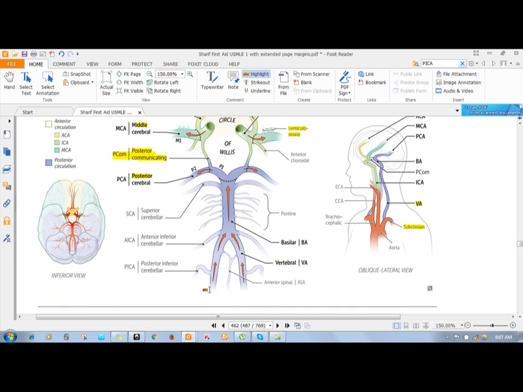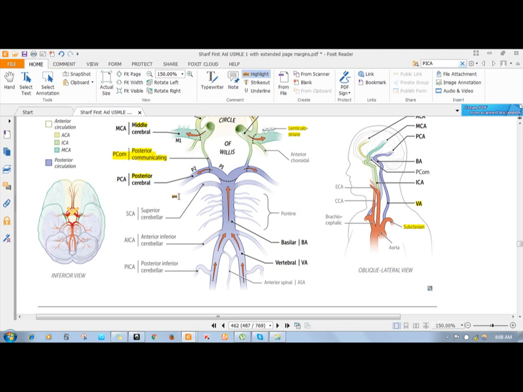The basilar artery ultimately divides to form the posterior cerebral artery, and it also gives a branch called the posterior communicating artery. What we need to learn about are the branches of the basilar and the vertebral arteries.